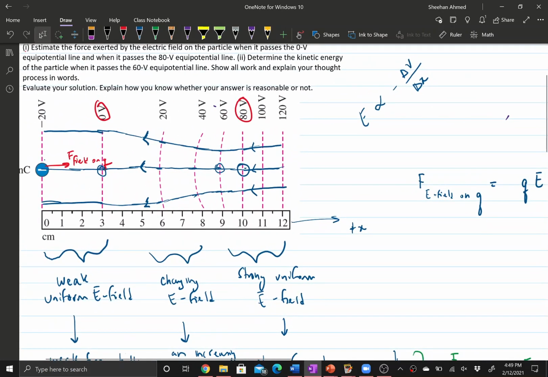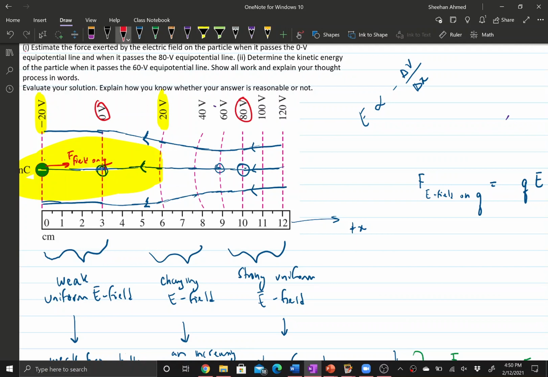If I'm looking at the 0-volt area, if I want to find the change around that area, I need to look around that area, right? And I do see my two values. At 0 centimeter, it was minus 20 volts. At 6-ish centimeter, it's 20 volts.